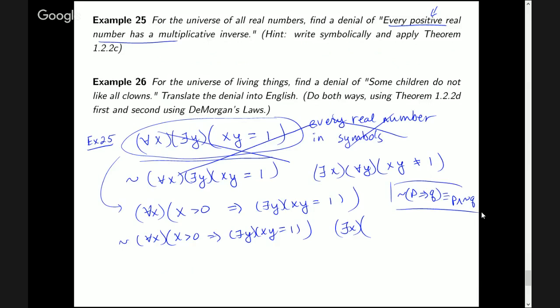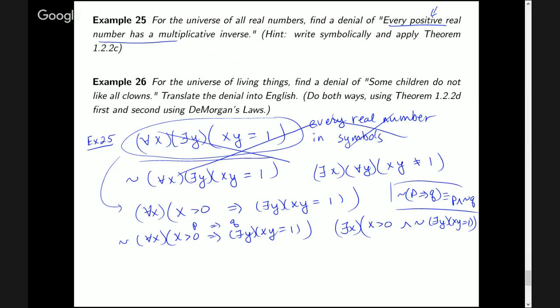So that's what we're going to use here. This is P implies Q, so we have to write P down: x is greater than 0 and not Q, so not there exists a y, x times y equals 1.